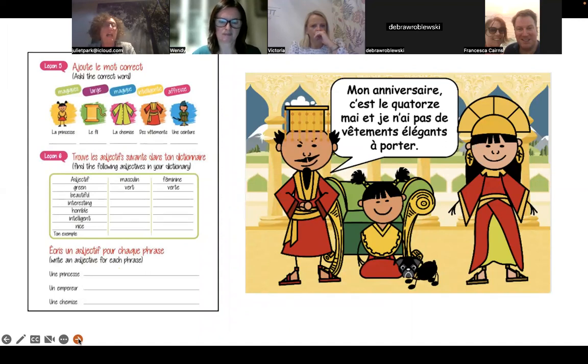What you've got there are the children use their dictionary to actually search for new adjectives, and these adjectives link to the Emperor's New Clothes story. So this is a really good one to reinforce the I have, etc. Really lovely story to do with clothes, to do with adjectives, and the illustrations are fantastic in these stories. They're quite engaging.